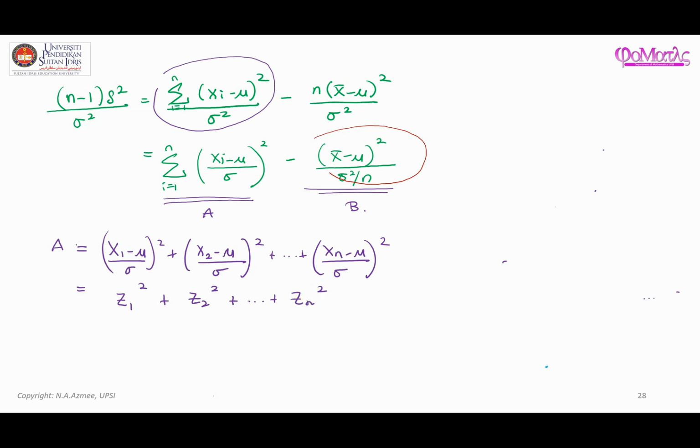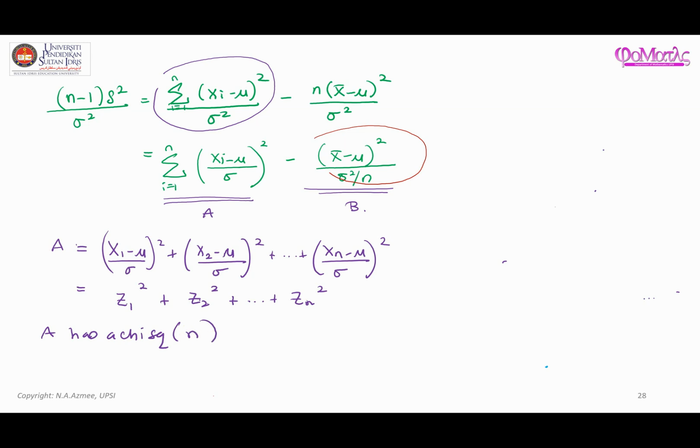According to what you have seen before, A has a chi-square distribution, because each term is chi-square with 1 degree of freedom. Therefore, A has a chi-square distribution with n degrees of freedom.